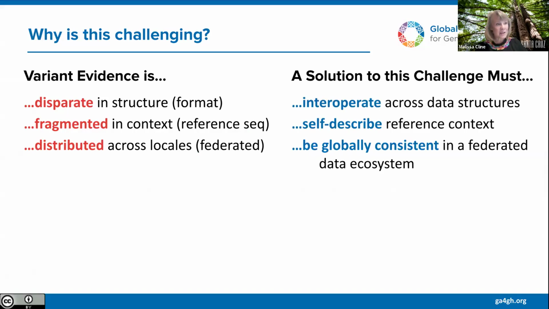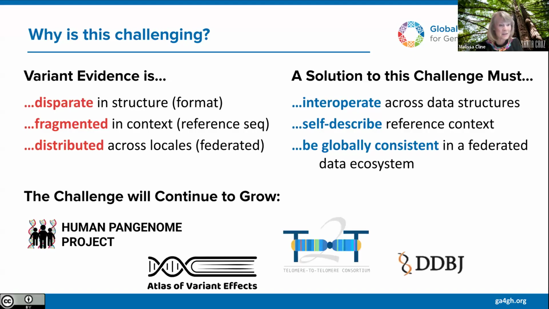So any solution to this challenge must operate across those data structures, must incorporate that reference sequence context, and be globally consistent across all of these different locations. That's the current challenge, and it's going to continue to grow with new standards and new knowledge, such as what's coming out of the Human Pangenome Project.